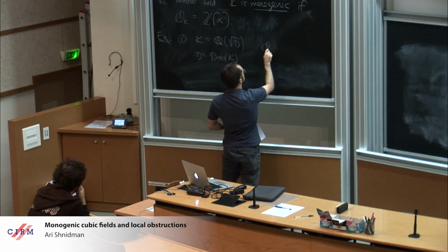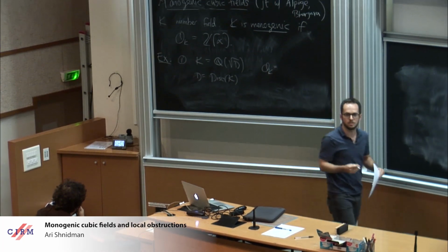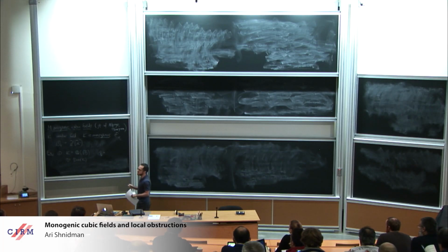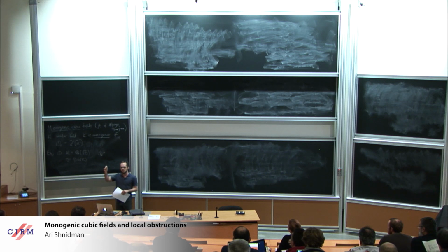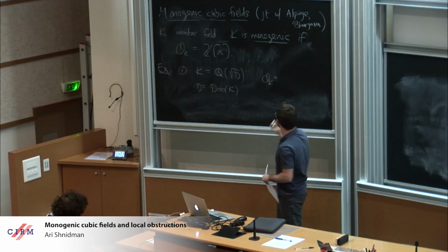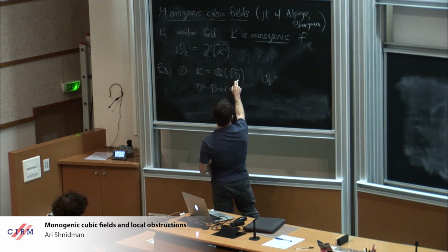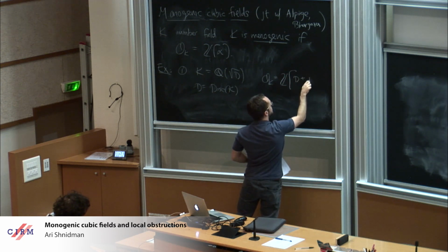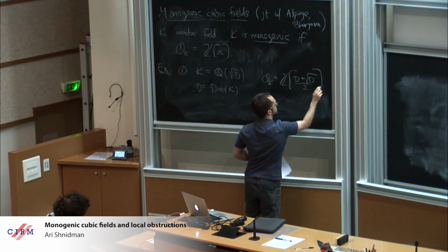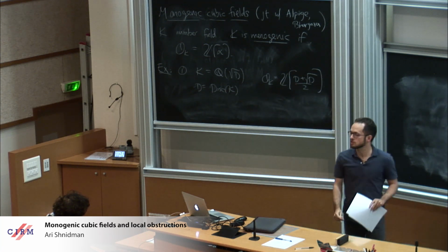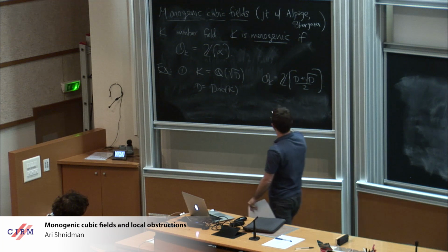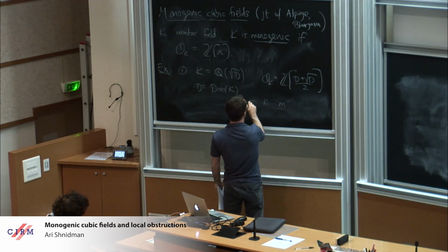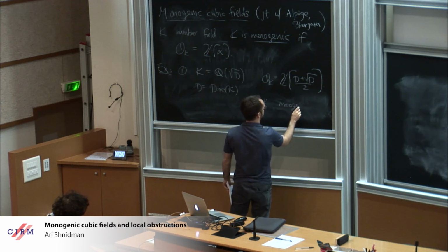The Gaussian integers are generated by i, the Eisenstein integers are generated by a root of unity, which has some 1/2 integers in the coefficients. But in all cases the ring of integers is just this. And so K is monogenic when it's a quadratic field.